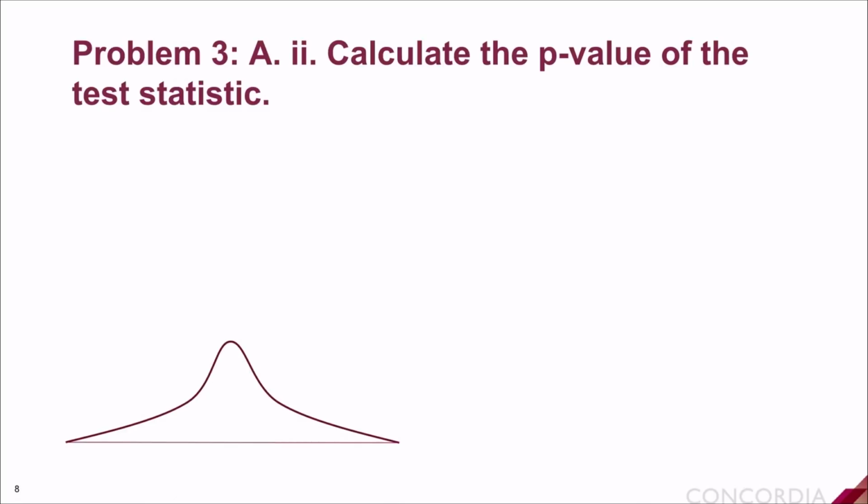Problem 3a2. Calculate the p-value of the test statistic. So, from the previous part, we know that our test statistic is equal to 2.44, which would be somewhere here. And our p-value is simply the probability to the right of that value.